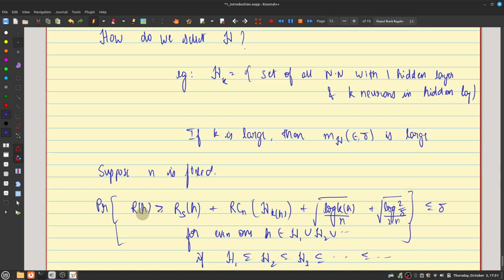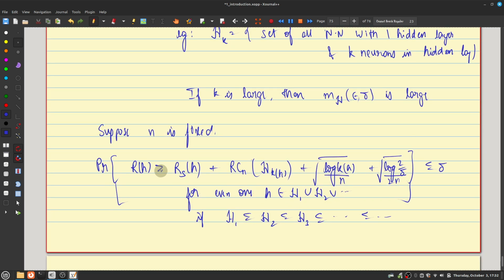Now for every h, let's suppose that little h lies in capital H subscript k. Then this is exactly capital H subscript k. I could just call this h_k, but I just wanted to be a little more explicit. Again, it's square root of log k. All right, if you find this easier, then sure.